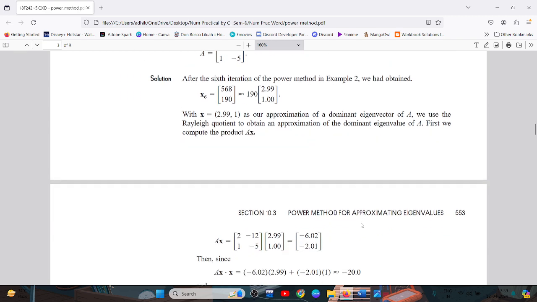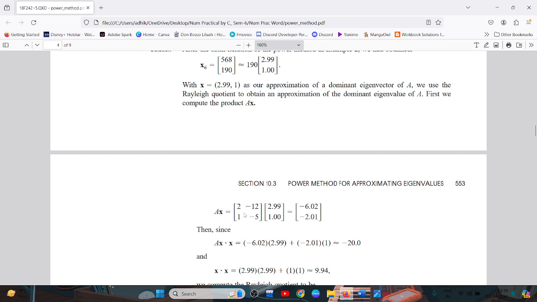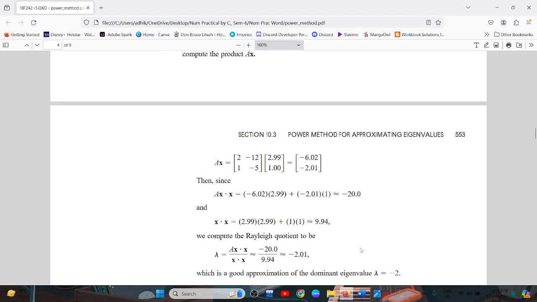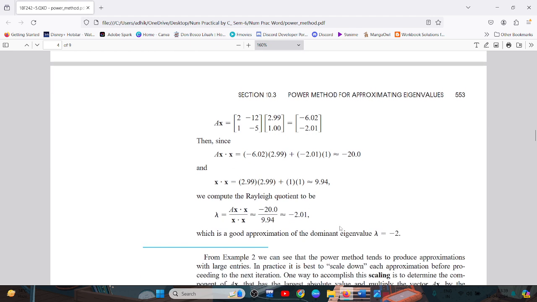First we compute the product Ax. A is the given matrix and x is 2.99, 1.00. So Ax dot x equals minus 20, and x dot x equals 9.94, and we compute the Rayleigh quotient, lambda equal to minus 2.01.